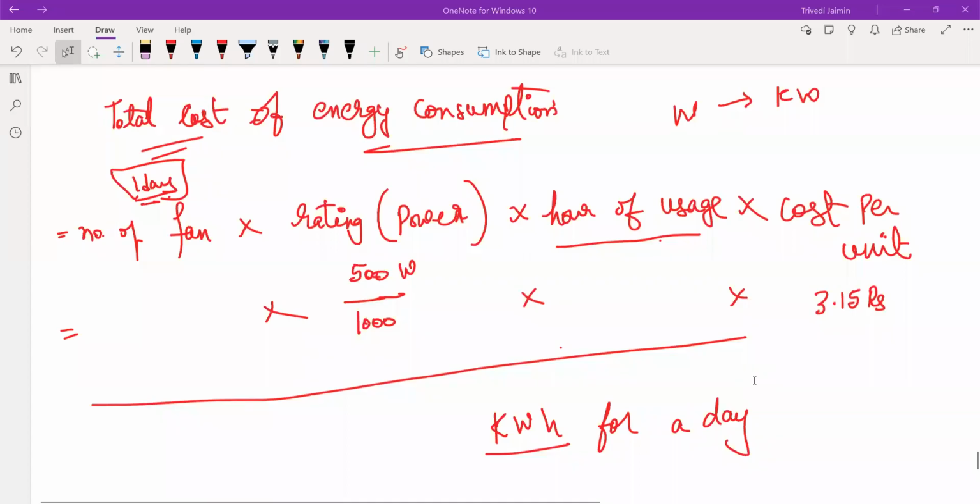Is my screen froze or what? Yeah, now it is visible? Yes, sir, it's visible. Okay, try this.